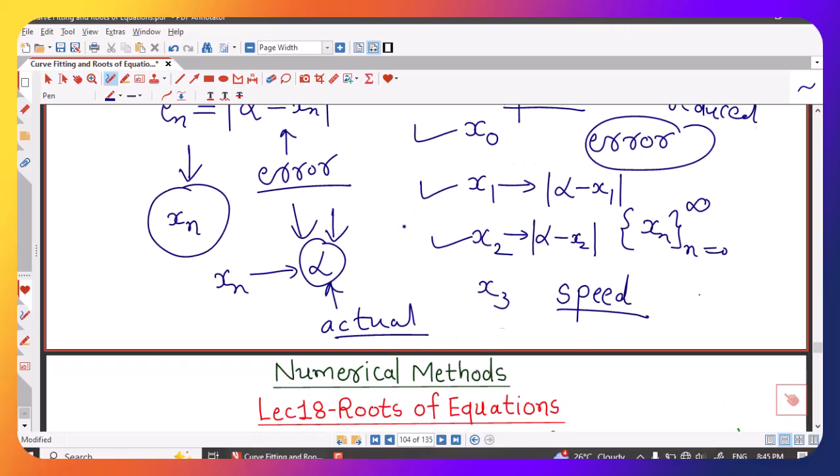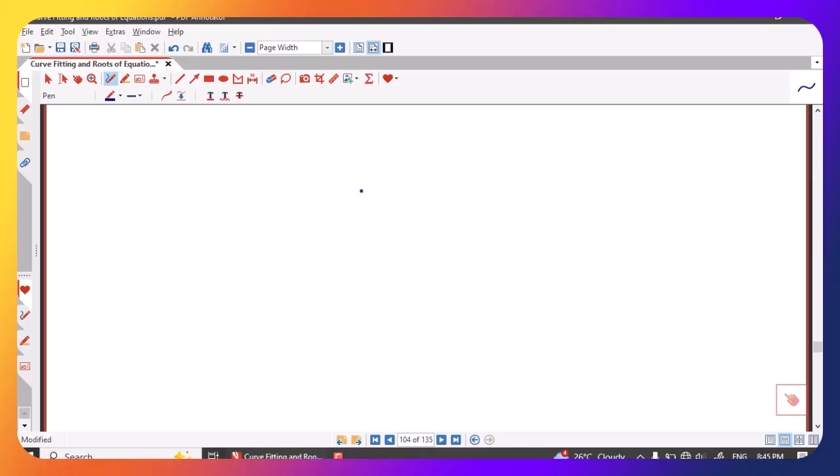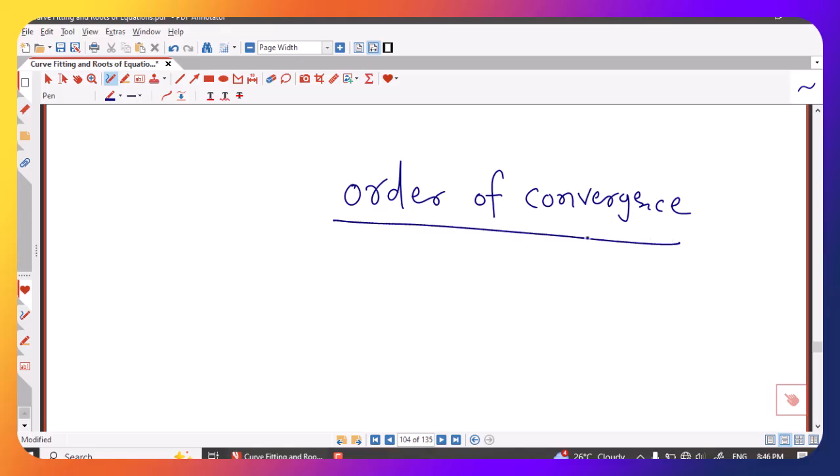So our interest is to determine the order of convergence for a particular iterative method. The meaning of order of convergence is how quickly, or how rapidly, the error is reduced in successive iterations.